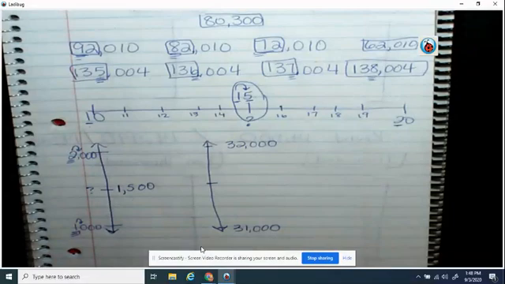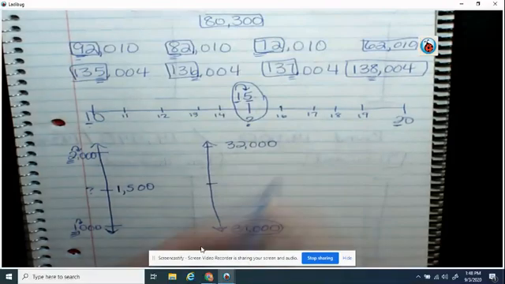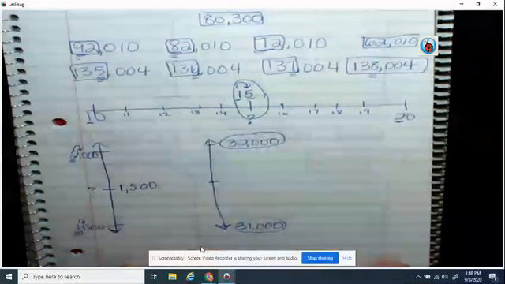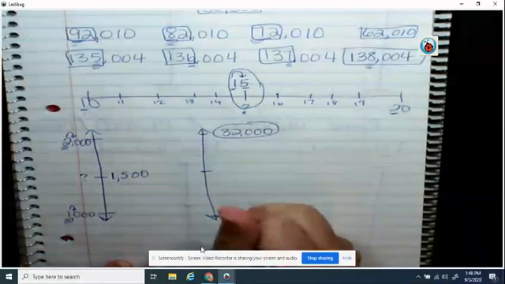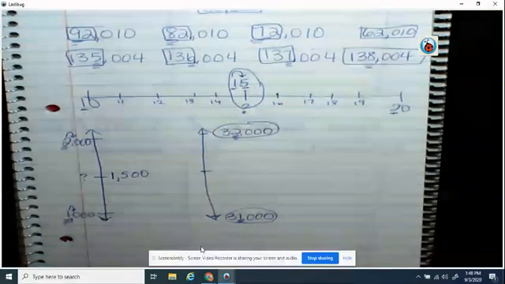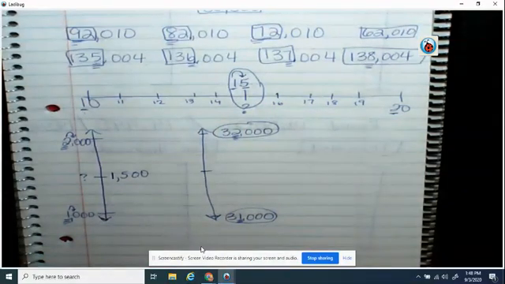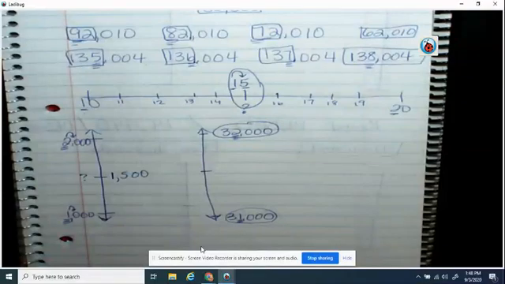All right, let's look at this one. This one's a little bit bigger number. 31,000 and 32,000. Now stop and I ask myself, what place value is changing? The 1,000s place, not the 10,000s place. The 1,000s place is what's changing here. So the first number is not changing.